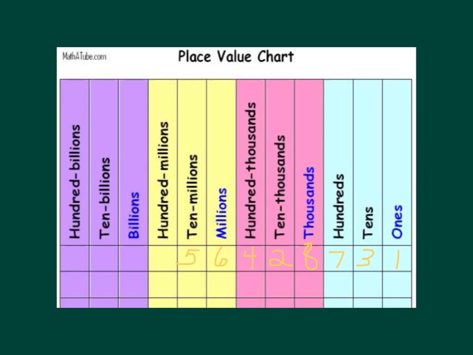It's easier to read a number when you realize that numbers are made up of periods. A period is a grouping of numbers that are made up of ones, tens, and hundreds. So this is the units period.